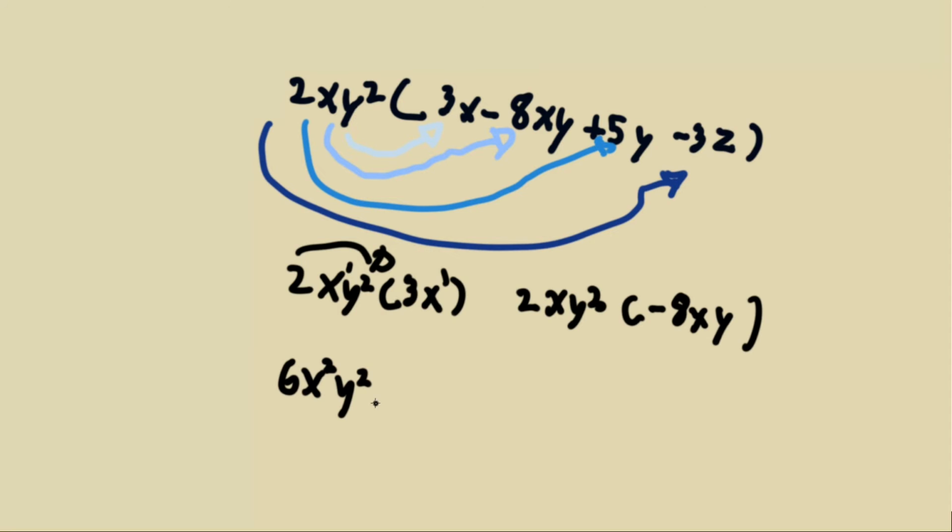And then x times x, we're going to get x squared, because we have to add the exponents. And then y squared times y, we'll end up getting y cubed. So this one is negative 16x squared times y cubed, or y to the power of 3.